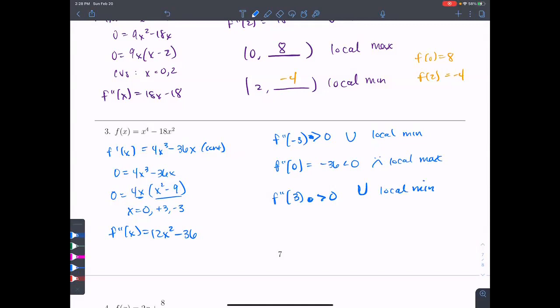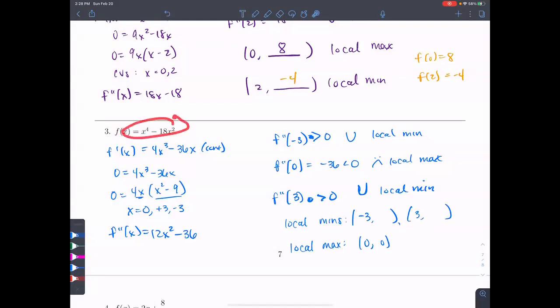So we have local min, local max at 0, and then plug 0 back into the original function f. That would be 0. Mins are at -3 something and 3 something.